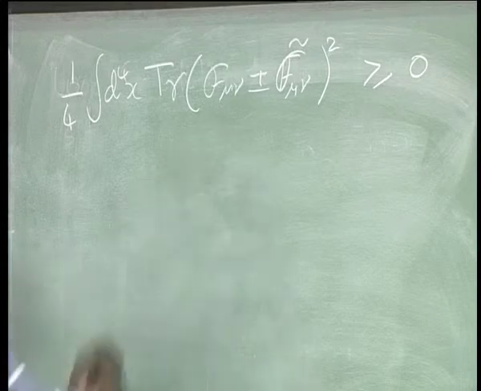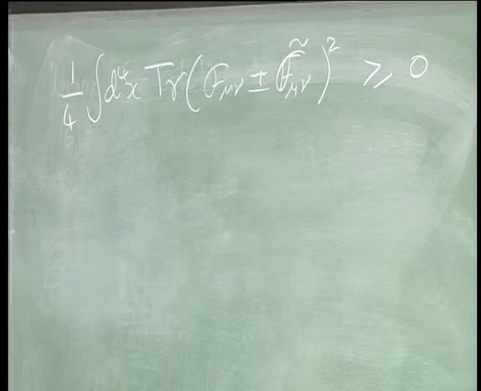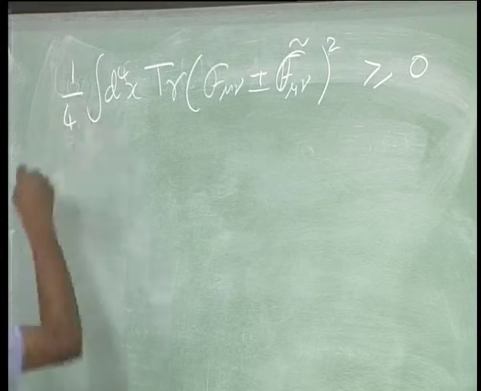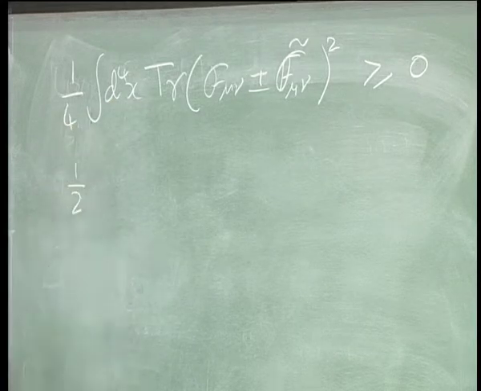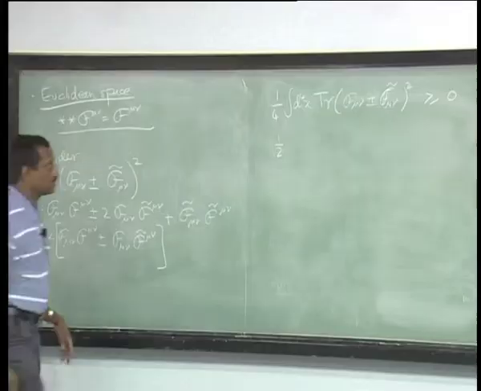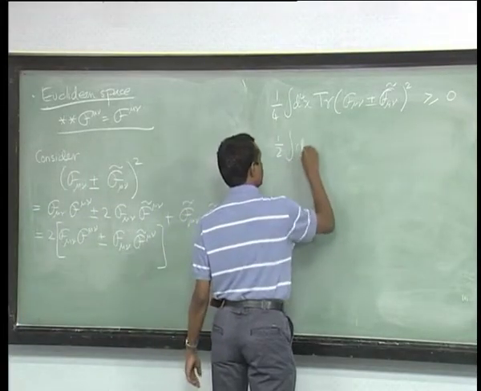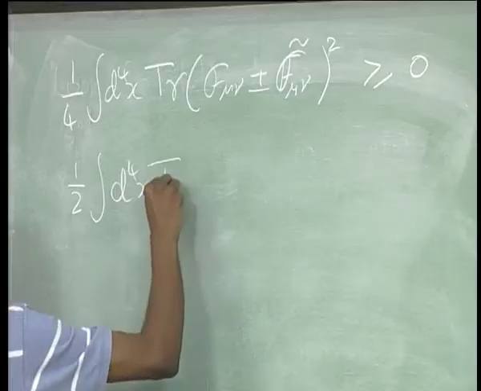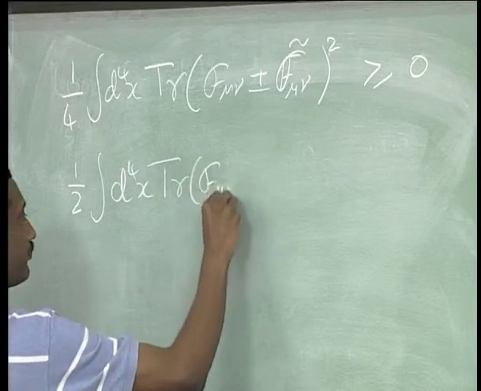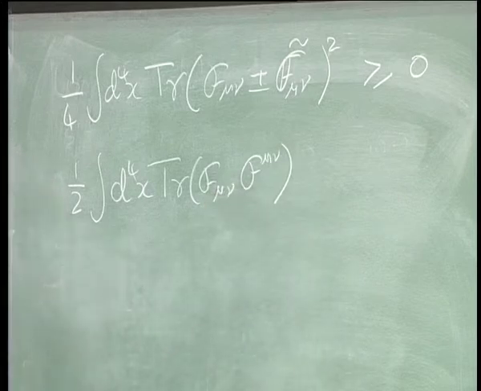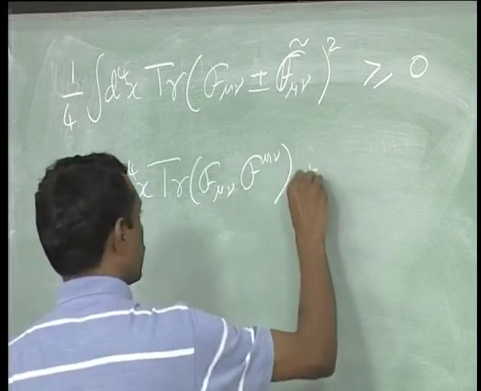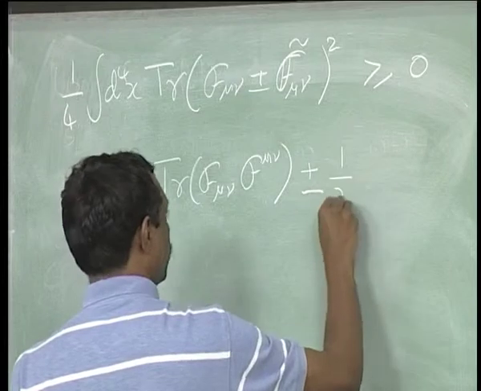But now we can use this, and so this implies that half, I am taking care of this 2, half integral d4x trace f mu nu plus or minus half f tilde mu nu, squared, is greater than or equal to zero.